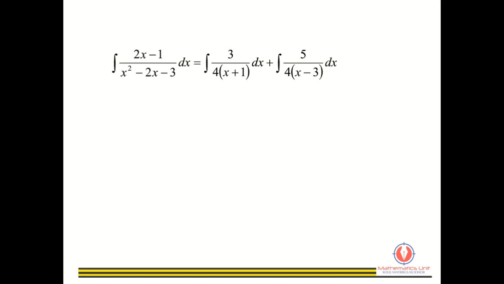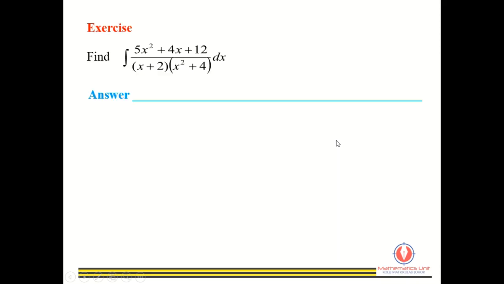So the integral can be changed into partial fractions. We get the integral of 3 over 4 times 1 over x plus 1 plus the integral of 5 over 4 times 1 over x minus 3. So we get 3 over 4 ln of x plus 1, and the second integral gives 5 over 4 ln of x minus 3 plus c.